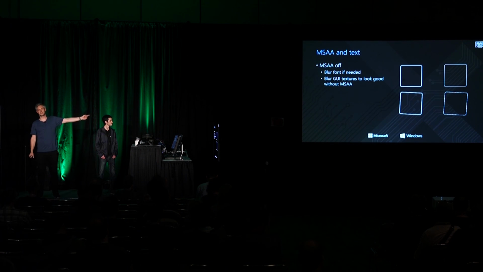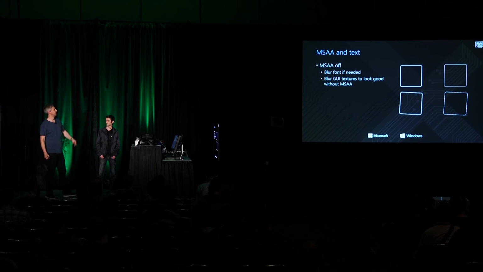If you rotate those in your game, you can see the right one is super aliased and the other one looks almost like we're using MSAA, right? We did the same thing with fonts. Our font texture was just a little bit blurred, and so all UI just looked much better in the end. That's a pretty weird trick, but it works, and it doesn't use any performance. So use it.